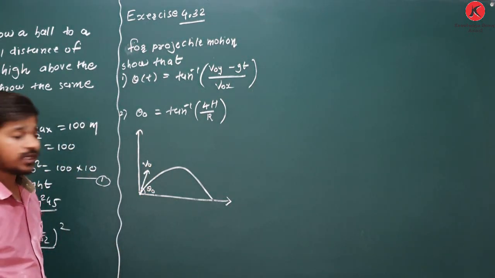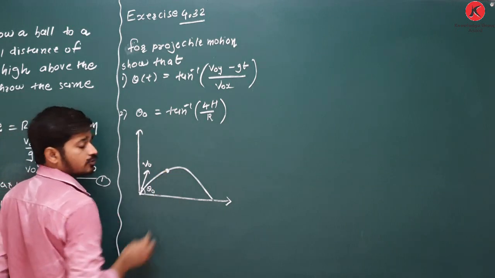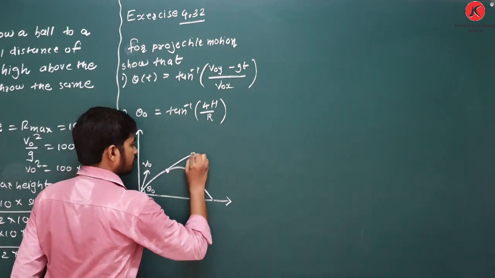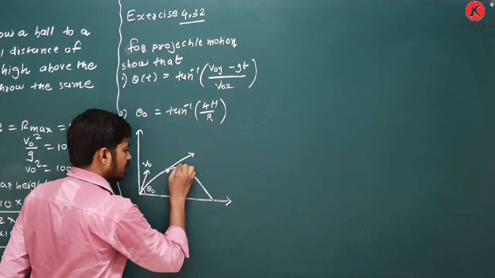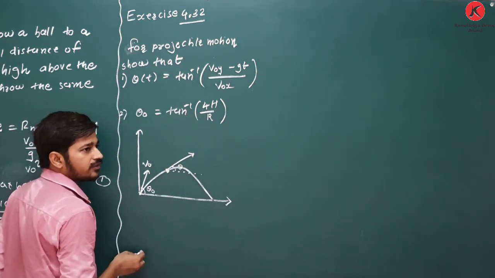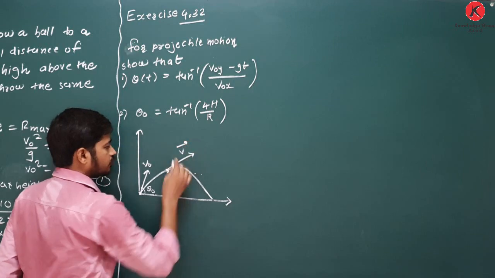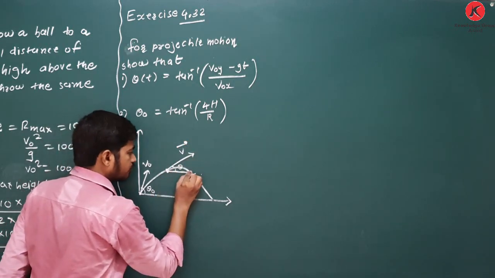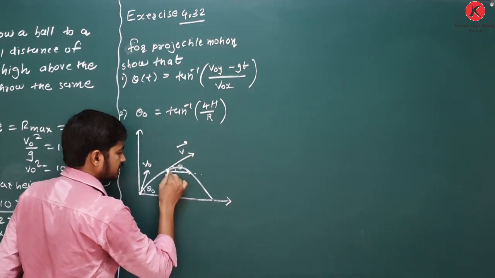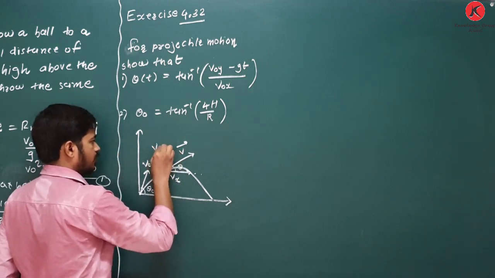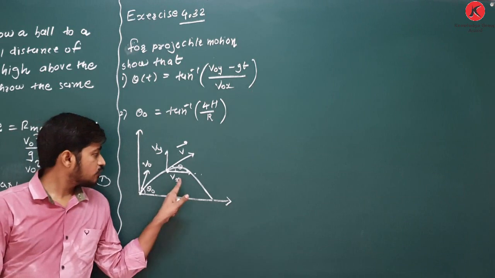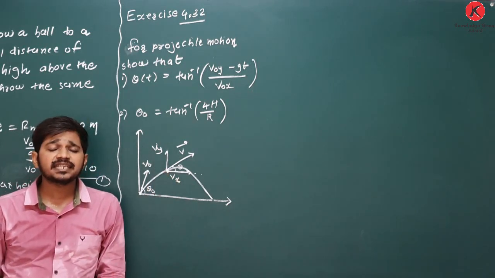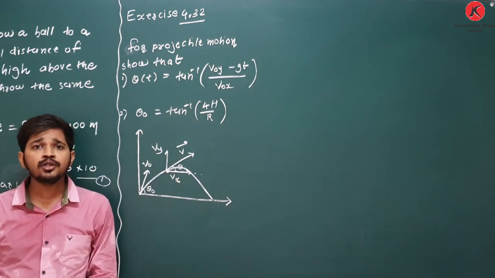But at another point, for example if the object is here, the velocity is in this direction, and with the horizontal it makes an angle theta. How to find this theta? Here the velocity is v. You have to take its two components, vx and vy. Then you know the equation: tan theta is equal to vy upon vx.